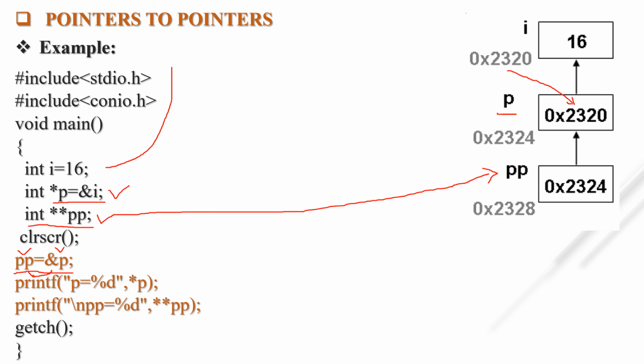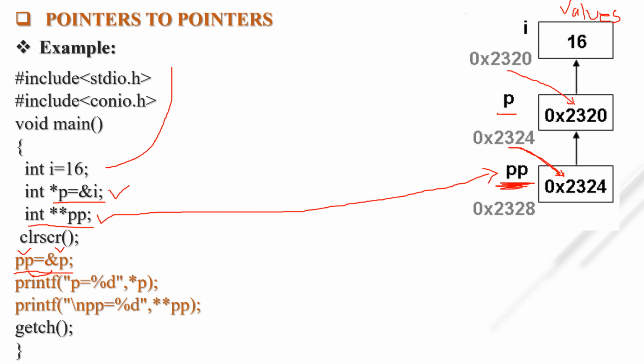So pp's value is the address of p. Here you can see, these are all addresses, these are all values. So pp is a pointer to pointer, and it is storing the address of another pointer.